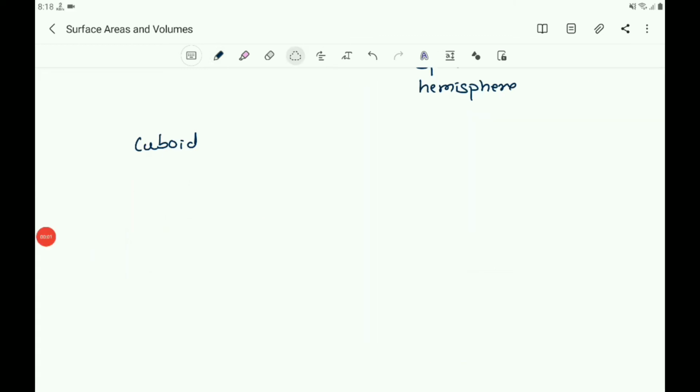Now let us define what is cuboid. So what is cuboid? Cuboid is a figure which is surrounded by 6 rectangular surfaces.